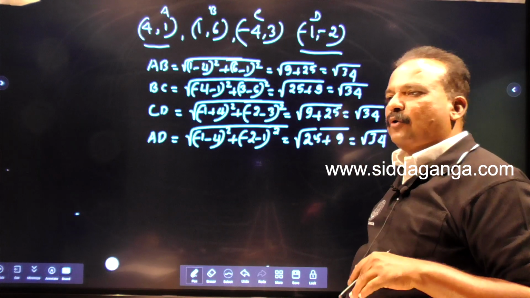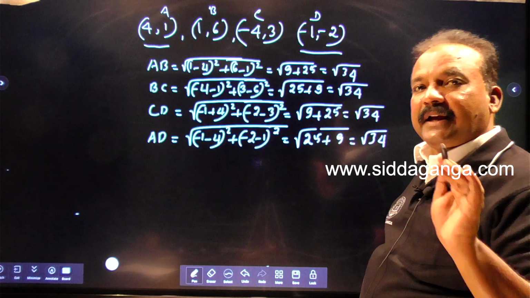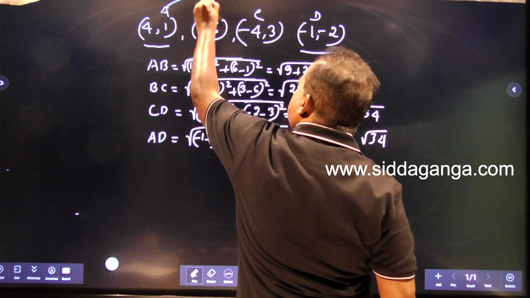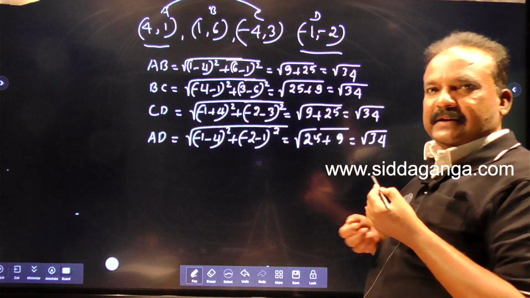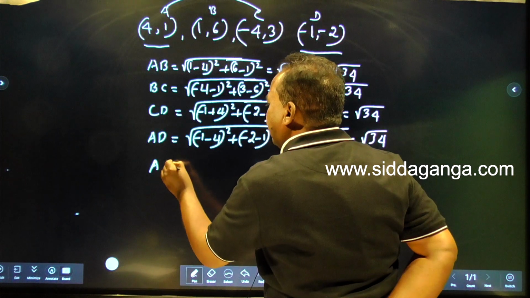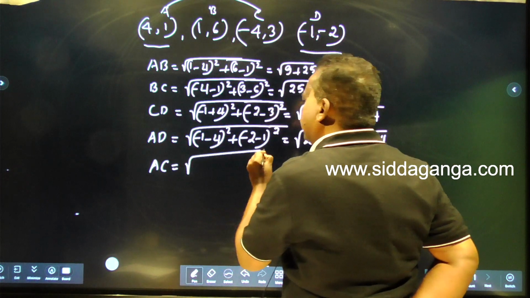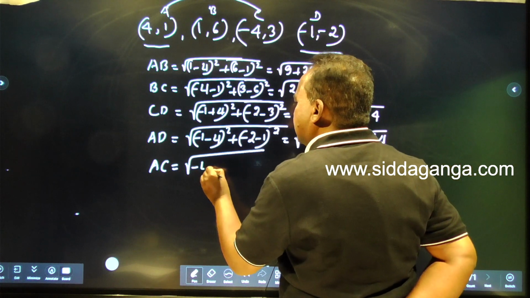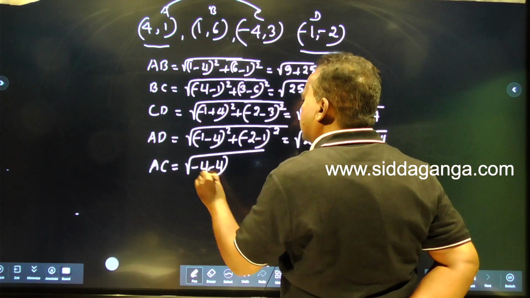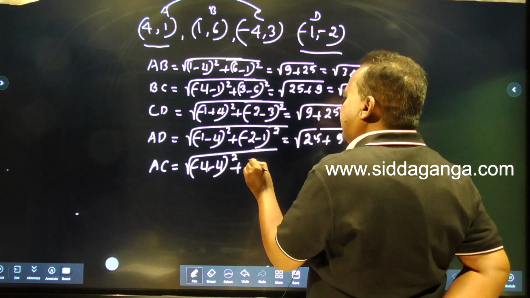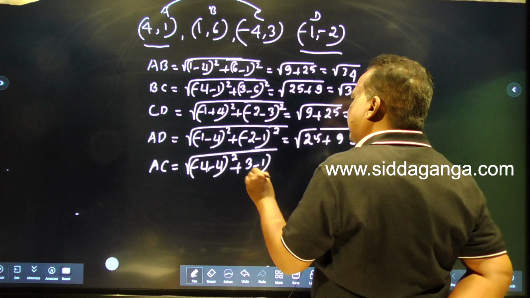And also you have to prove that the diagonals are equal. Diagonals mean alternate vertices form the diagonals. AC is a diagonal, I have marked it there. What is AC? Square root of minus 4 minus 4 whole square plus 3 minus 1 whole square.